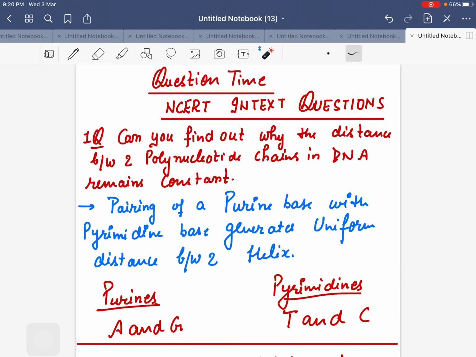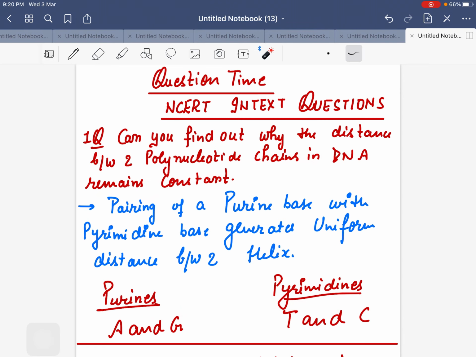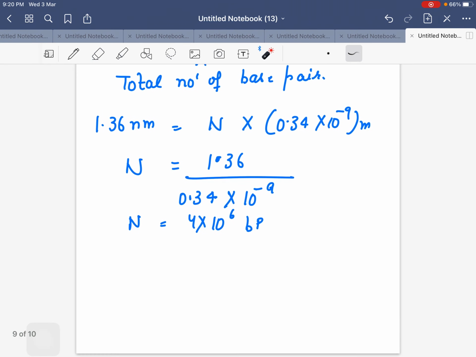A and G. Pyrimidines, T and C. So A always pairs with T, G always pairs with C. So basically purine will always pair with pyrimidine and they will maintain the constant distance.